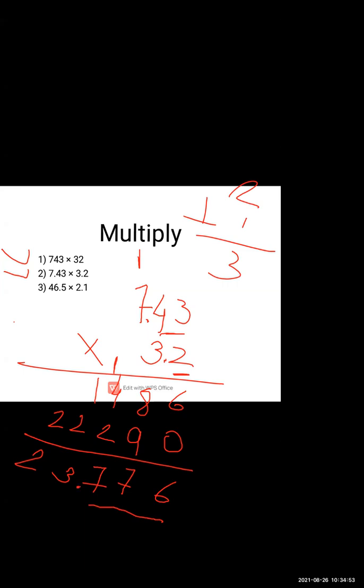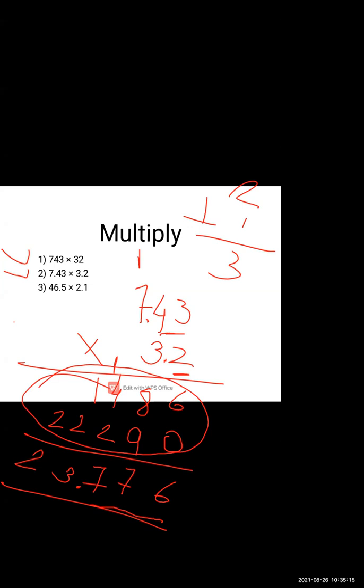Okay. So it is 23.776. When you solve the second question, when you are getting the answer, at that time you have to give the decimal point. In this method, there is no need to give a decimal point while multiplying. When you give the answer, after that you have to give a decimal point. You will get the same answer.